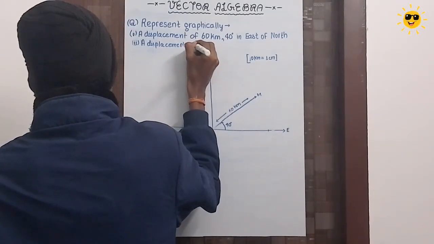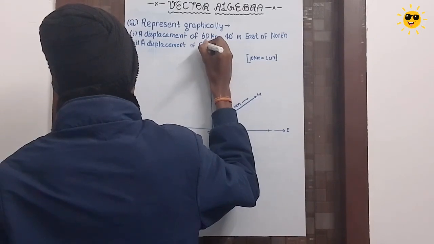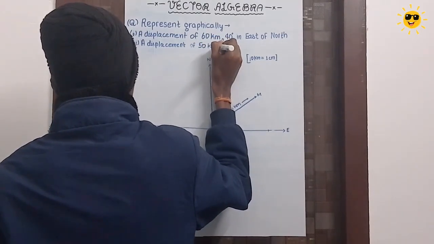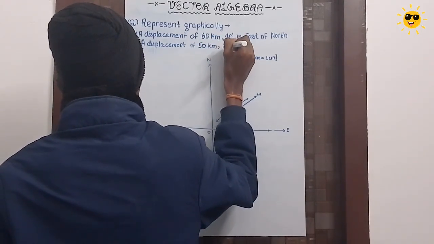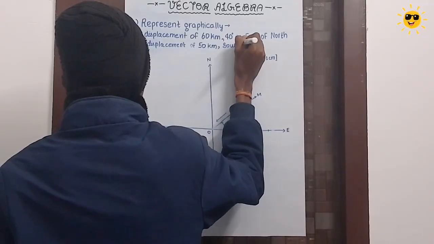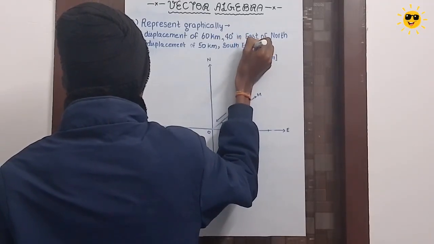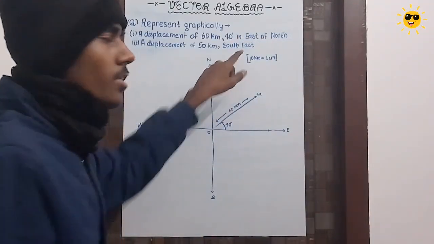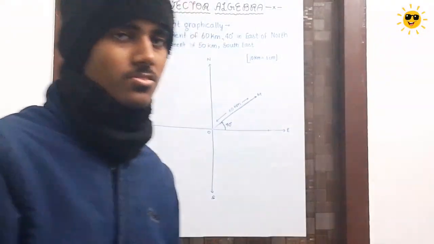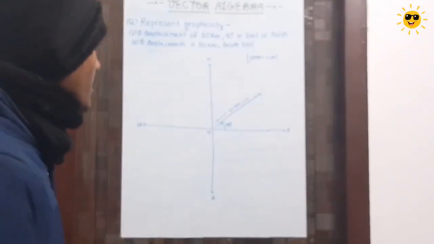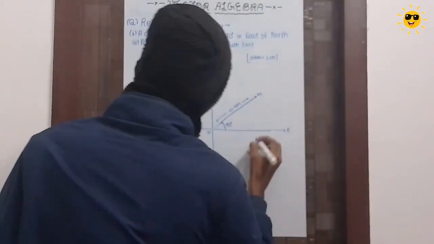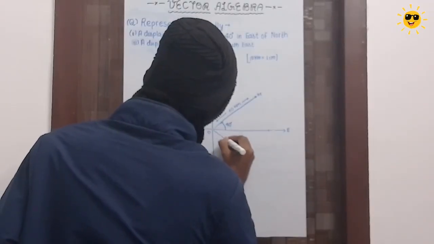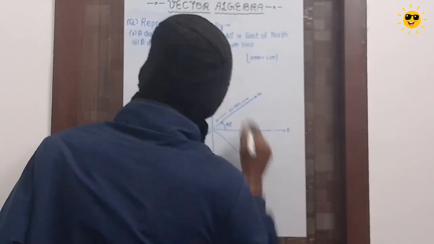A displacement of 50 kilometers southeast. Now here we have no angle, which means we can draw at any angle. So 50 kilometers somewhere here, I will draw a perfect southeast.